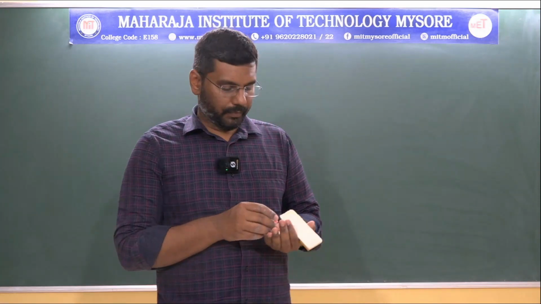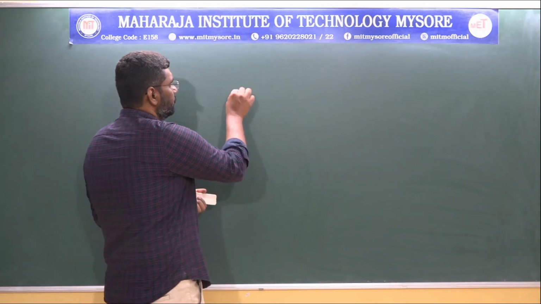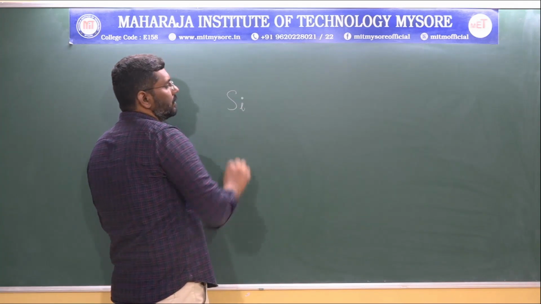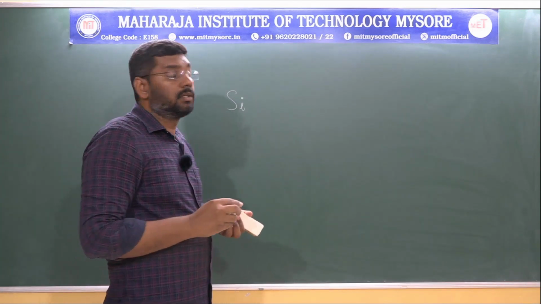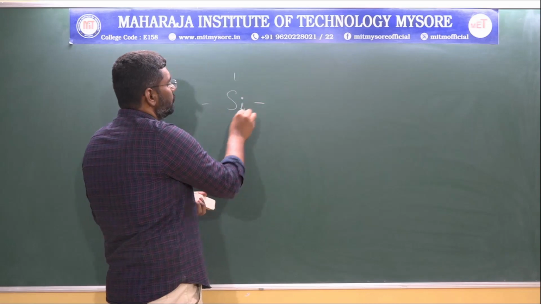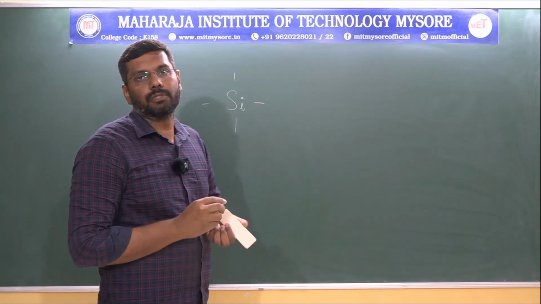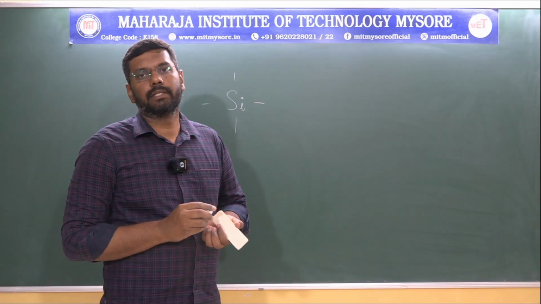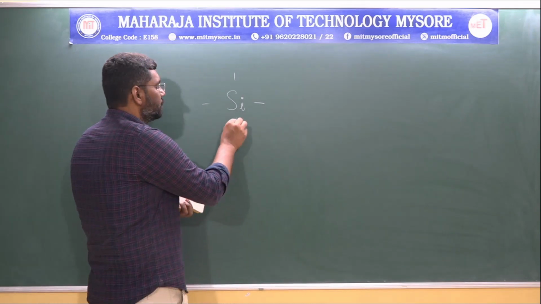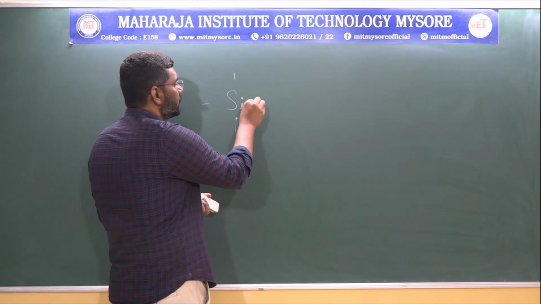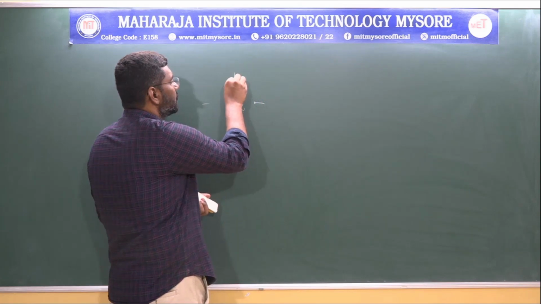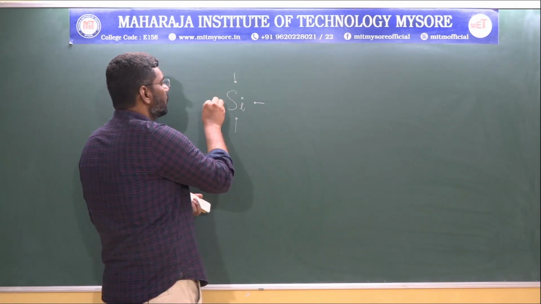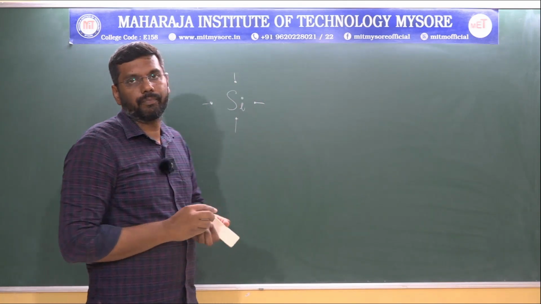See, silicon is tetravalent, and it has the ability to form 4 bonds with other chemical substances, because silicon has 4 electrons in its outermost shell.